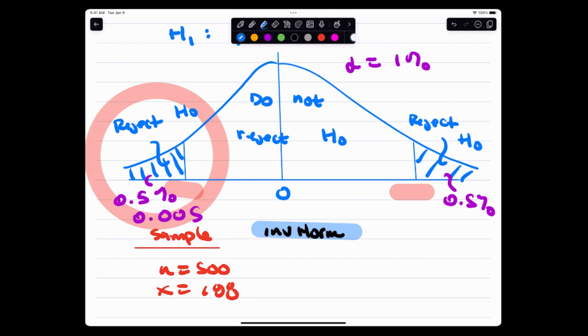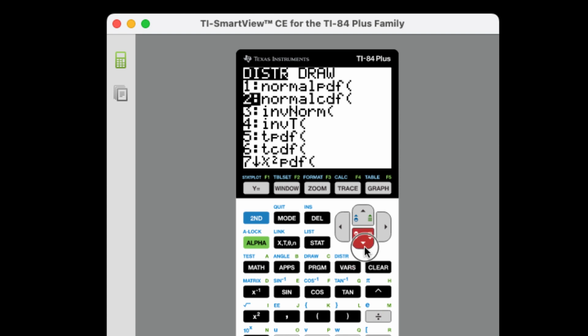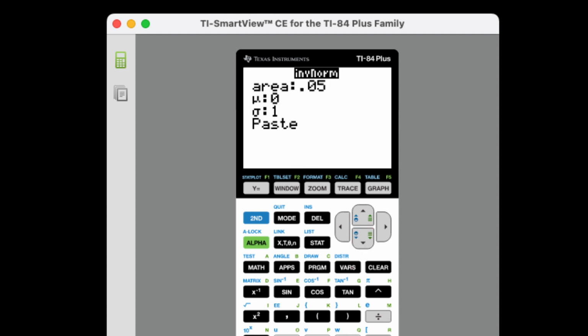So could you guys tell me what that critical value is? Well, let's try this out. Second distribution, inverse norm, and you get 0.005.